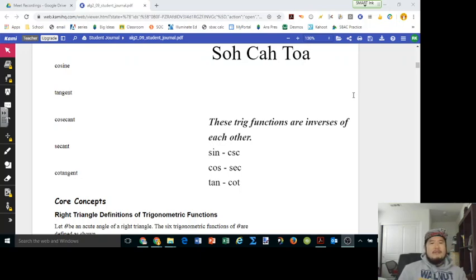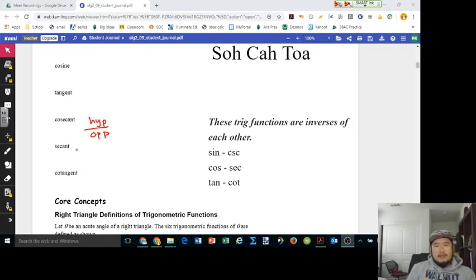Because when you take the inverse, let's say, for example, the sine ratio, which is opposite over hypotenuse, you take the reciprocal, and the cosecant ratio will be hypotenuse over opposite. Once again, that is the reciprocal of the sine ratio.